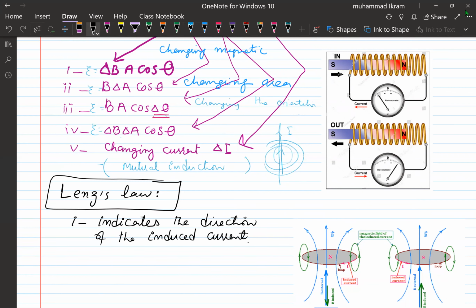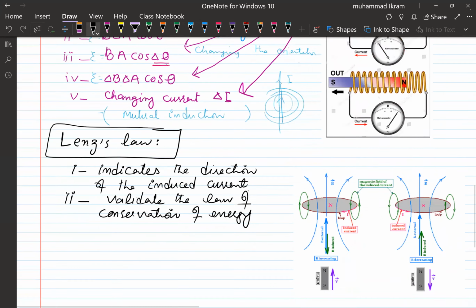And the second part is that it validates the law of conservation of energy. These are the two broad jobs of Lenz's law.